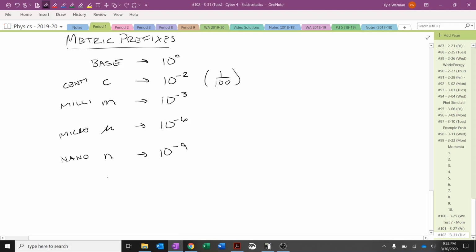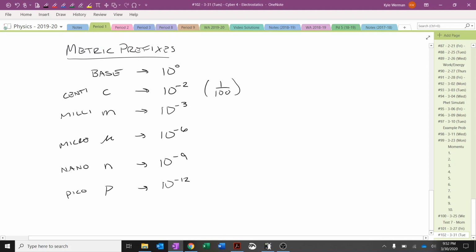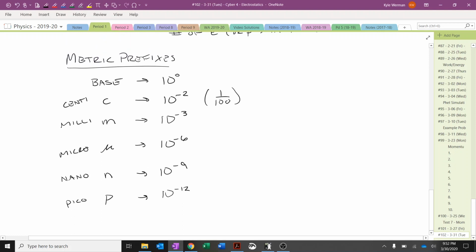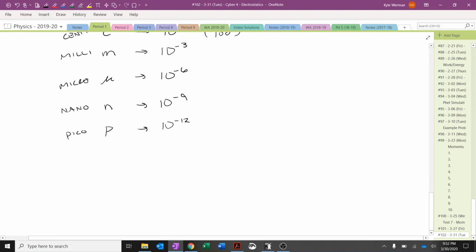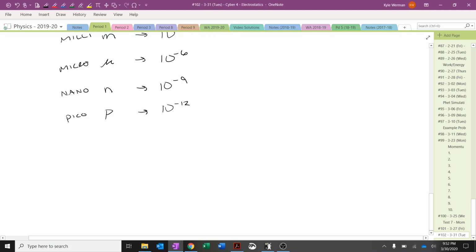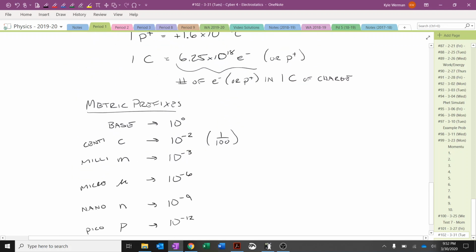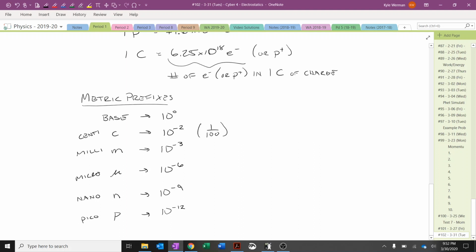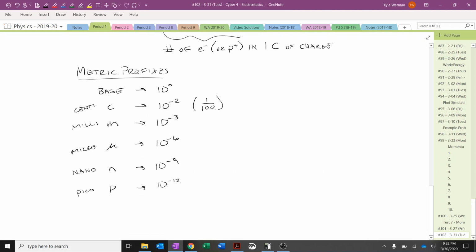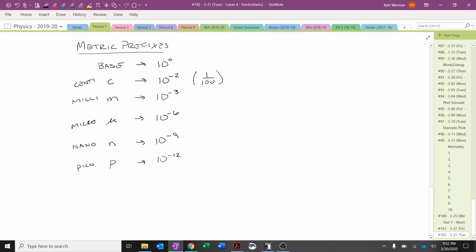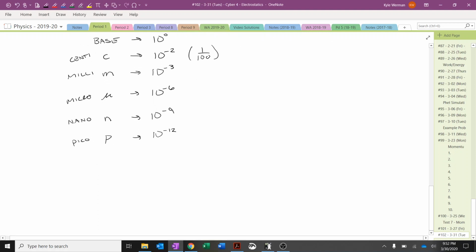And the last one you might run into is pico, P-I-C-O, which is 10 to the negative 12. These are just basic metric conversions that hopefully shouldn't have any problem converting. We'll do an example here in a second. But because we're dealing with charges on the scale of really small amounts of coulombs, we're going to typically see charge amounts measured in smaller units.